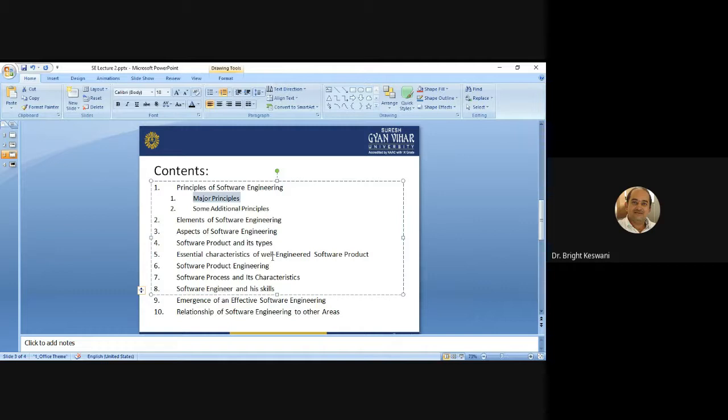If there are some bridges, some egos in the development team, then it will produce hurdles in the development. So minimize intellectual distance to achieve the maximum productivity through the software project. The ninth principle is put technique before tools, and the tenth principle is get it right before you make it faster.